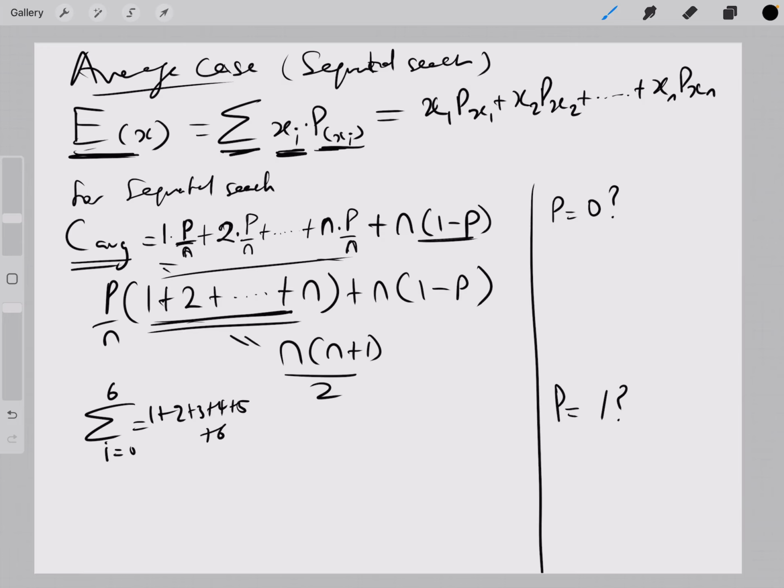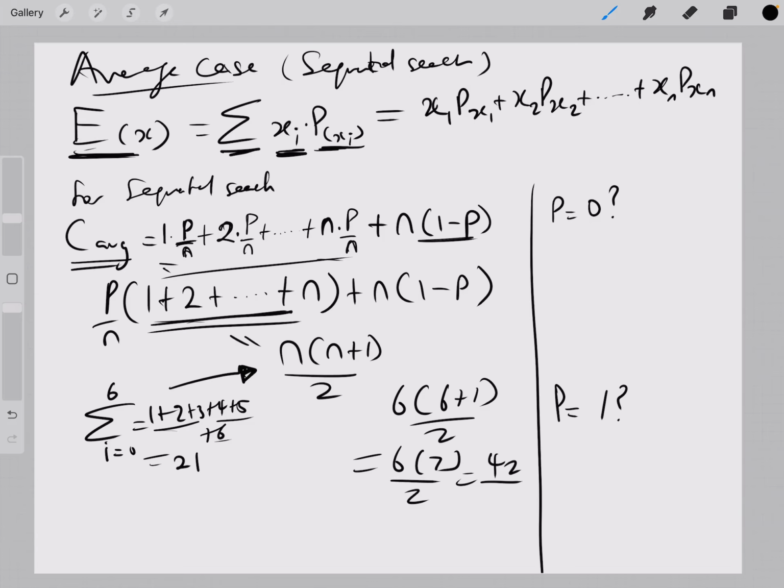If we add all of these, we will have 21. Now putting this into the formula, 6 times (6 plus 1) divided by 2 is 6 times 7 divided by 2, which is 42 divided by 2, and that is 21. That is the same as here, so we can really say that this works.